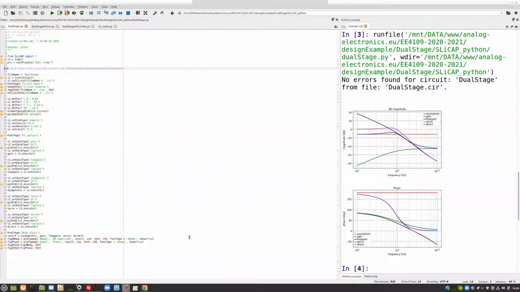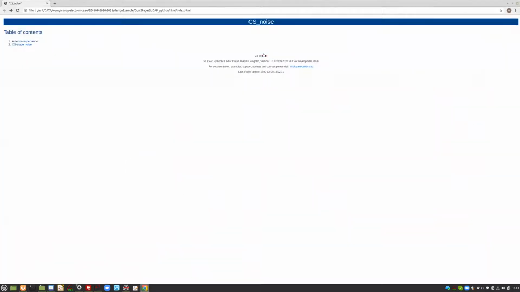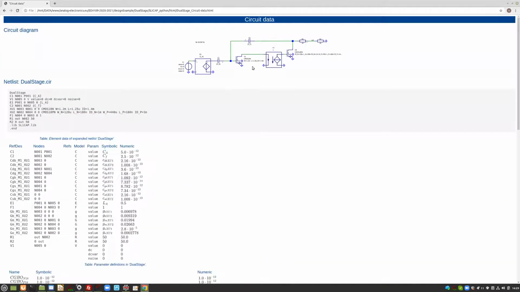Let's go to the HTML output because that is a little bit better in showing to you. Dual stage. Circuit data. So here is the schematic.